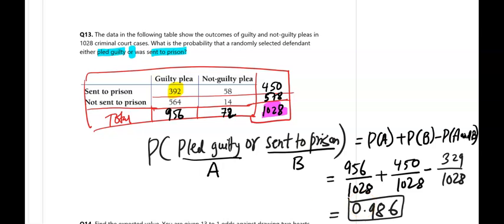That's the probability. Okay, question number 14. Next question. Find the expected value. You are given 13 to 1 odds against drawing 2 hearts when 2 cards are selected at random from the deck of 52 cards. Again, you remember the card is drawn with replacement, so when you draw the card, you replace it back.